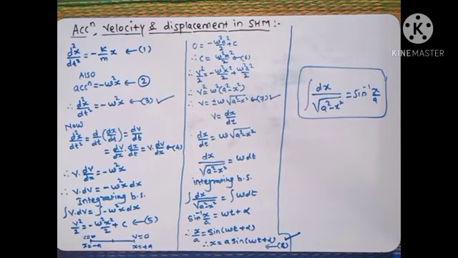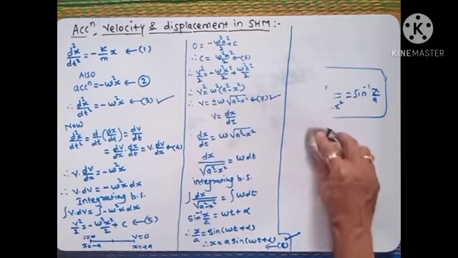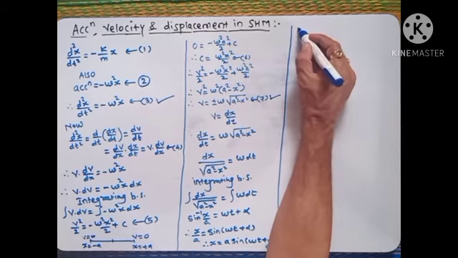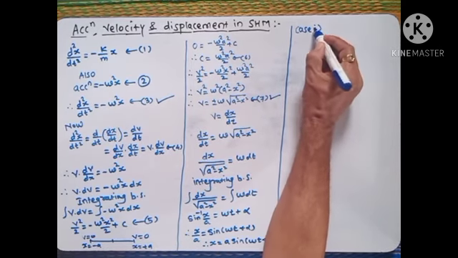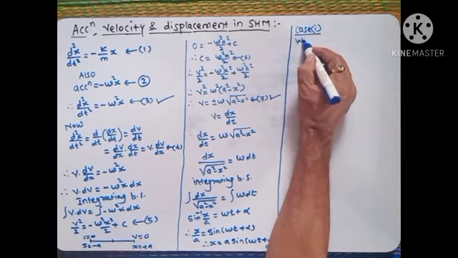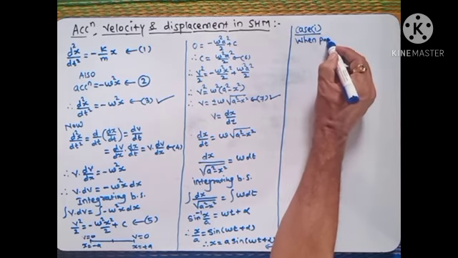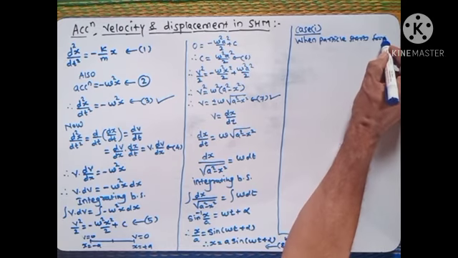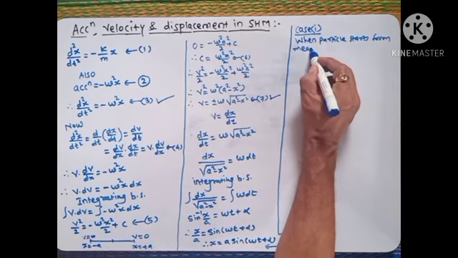Now starting from acceleration, we have obtained the formulas for velocity and displacement in equation 7 and equation 8. Now we consider displacement from equation 8. We can consider two cases. Case 1, when the particle starts from mean position.